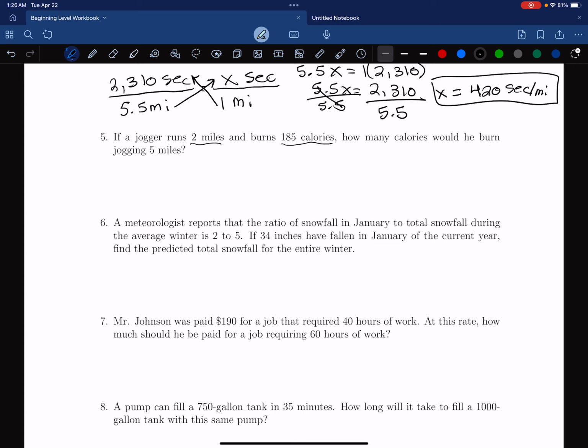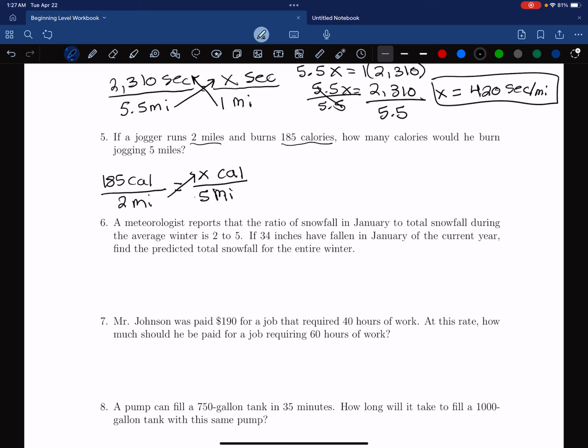We're going to set this ratio up, so we know for every 2 miles, this jogger burns 185 calories. And then we put 5 miles in the denominator because we want to know how many calories this runner will burn, given that this runner runs 5 miles.